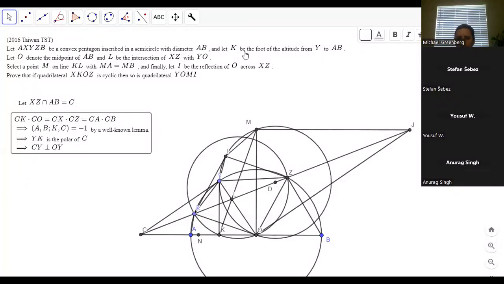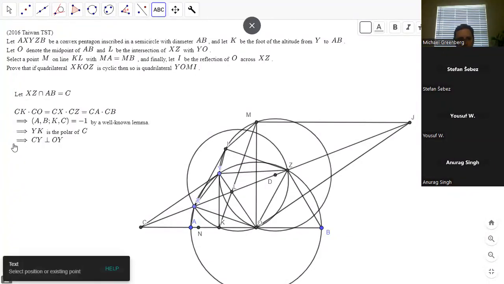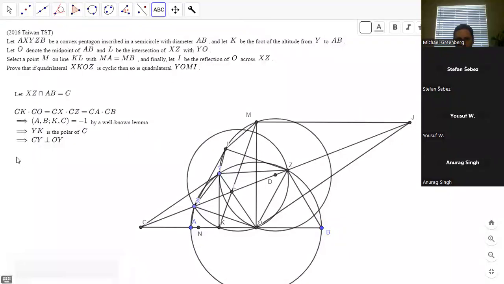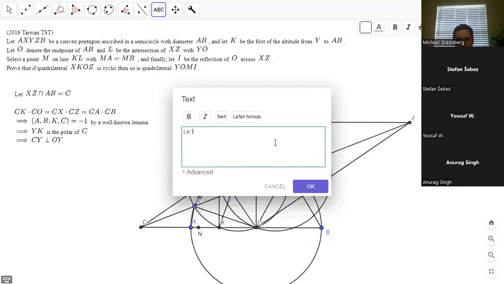Yeah. So let the parallel through M to AB meet XZ at J.